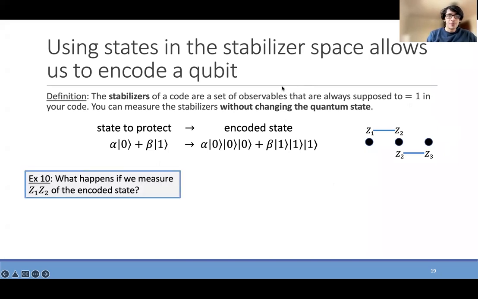So don't think about this exercise too hard. What happens if we measure Z1 times Z2 of this state right here?